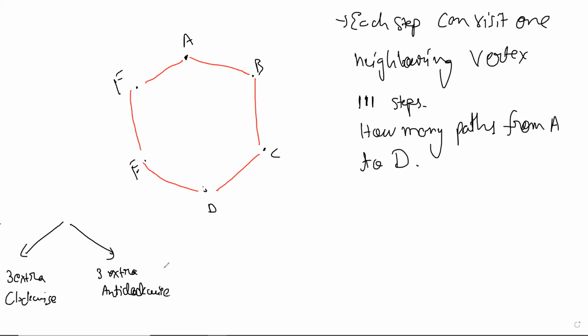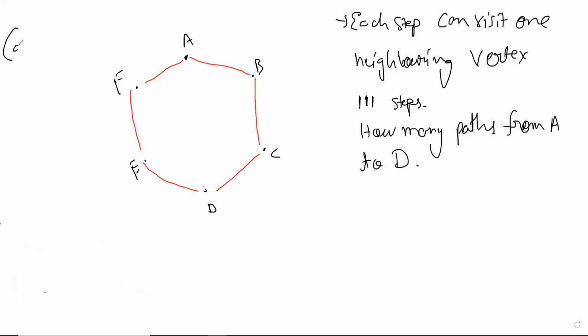You will always need an odd number of steps. You can't do it in an even number of steps. I think that is a good thing that you can try to prove: you will always need an odd number of steps.